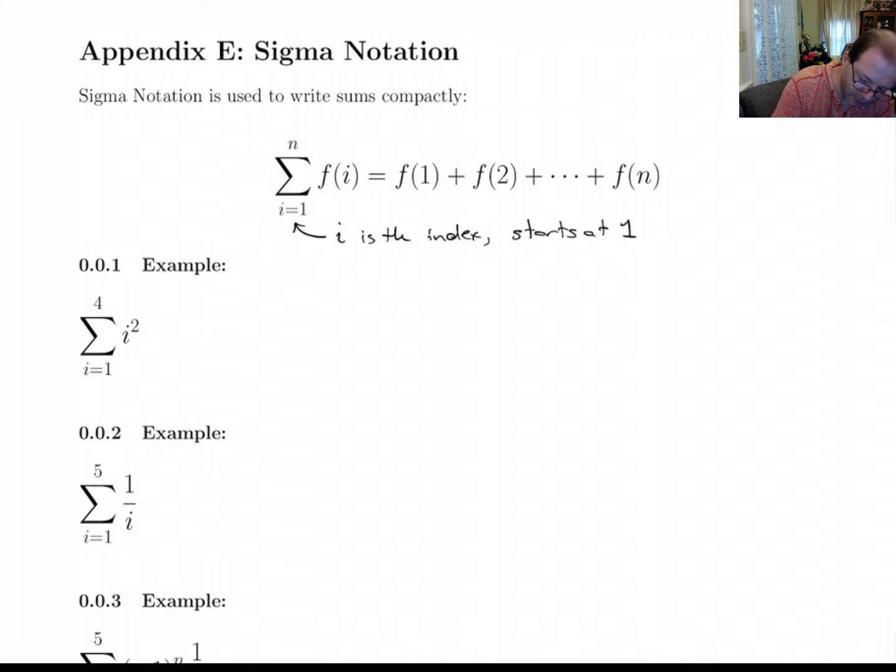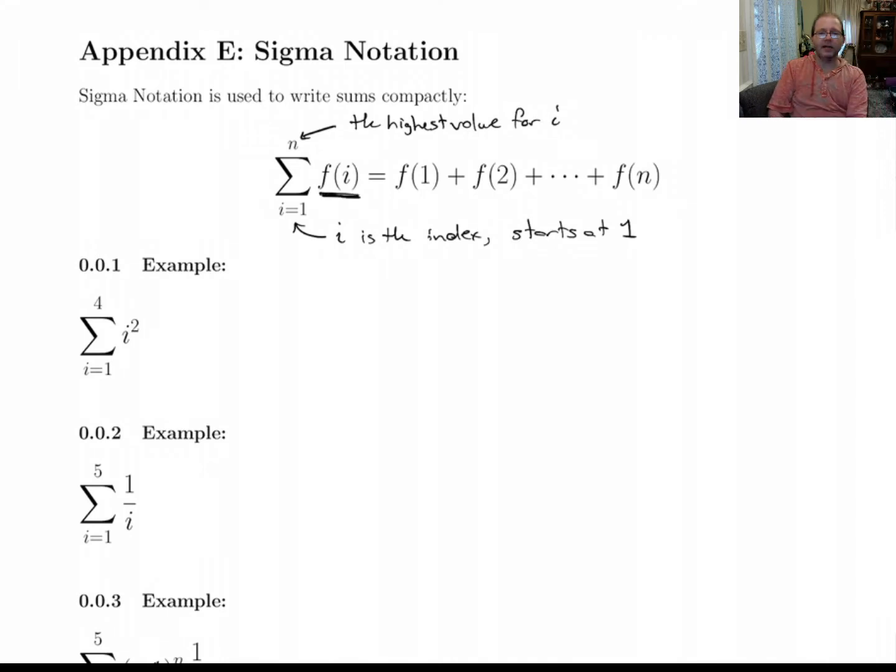Most of the time when we do this, the index is going to start at 1, or maybe it'll start at 0. Occasionally it'll start at something else, but usually it'll be 1 or 0. The number on top tells you where to stop, or the highest value for I. And then this is a function that tells you what to plug I into.